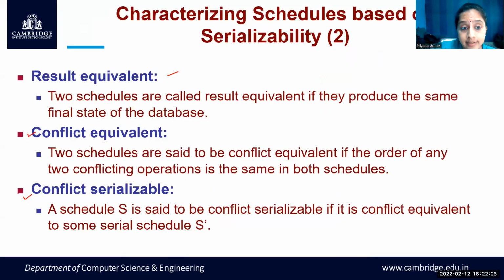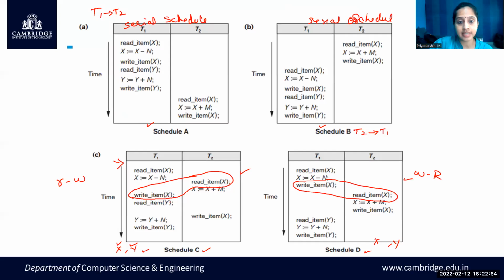Now, very important is conflict serializable, where we check it in the problem. What is conflict serializable? A schedule S is said to be conflict serializable if it is conflict equivalent to some serial schedule. So what is some serial schedule?